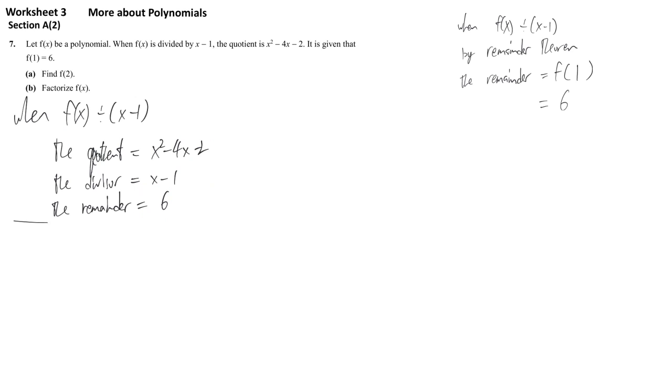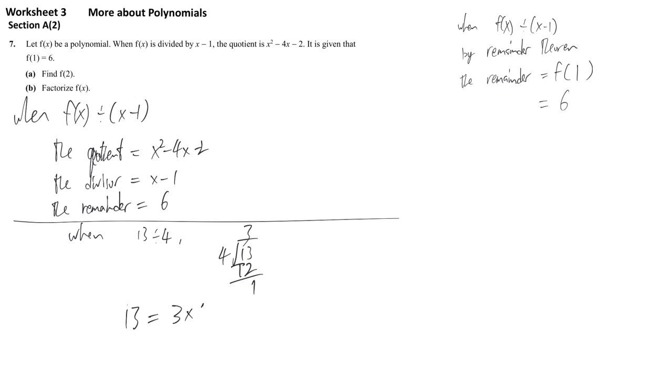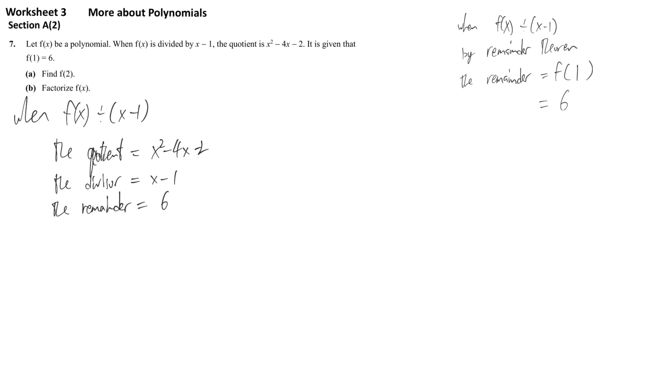If you still remember, when 13 is divided by 4, 13 divided by 4 is 3, and then this is 12, and then this is 1. So 13, the original number, is equal to our quotient times divisor plus remainder. This is how we rebuild the original numbers, the same as the original function.